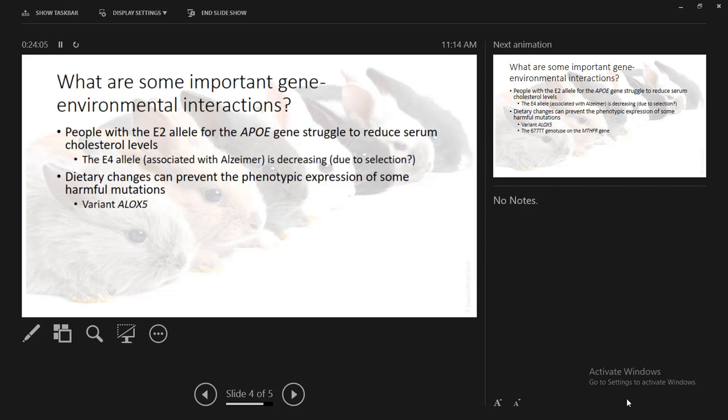And so a couple of examples here where they gave specific genes. Basically, both of these genes, the ALOX5 and the MTHFR gene, with their specific mutations, correlate with the development of various cardiovascular diseases.